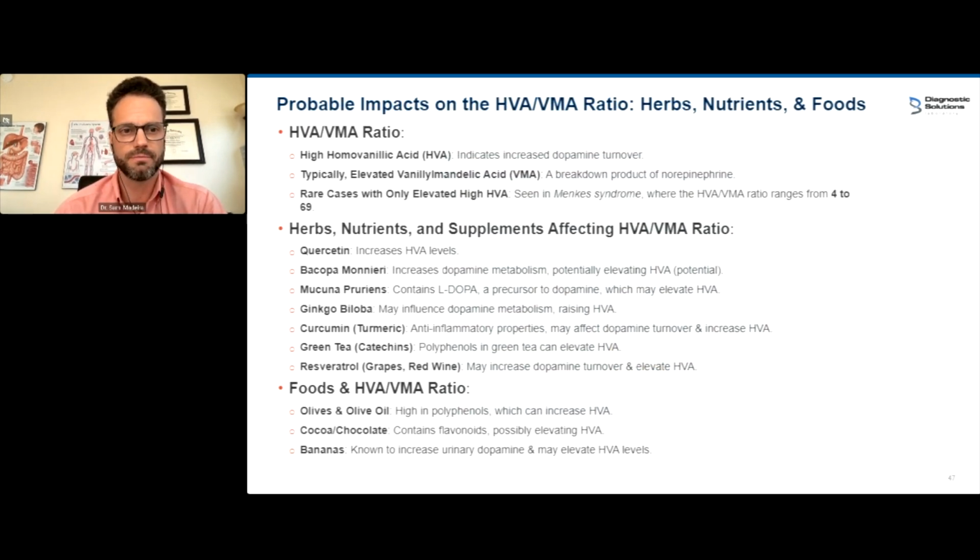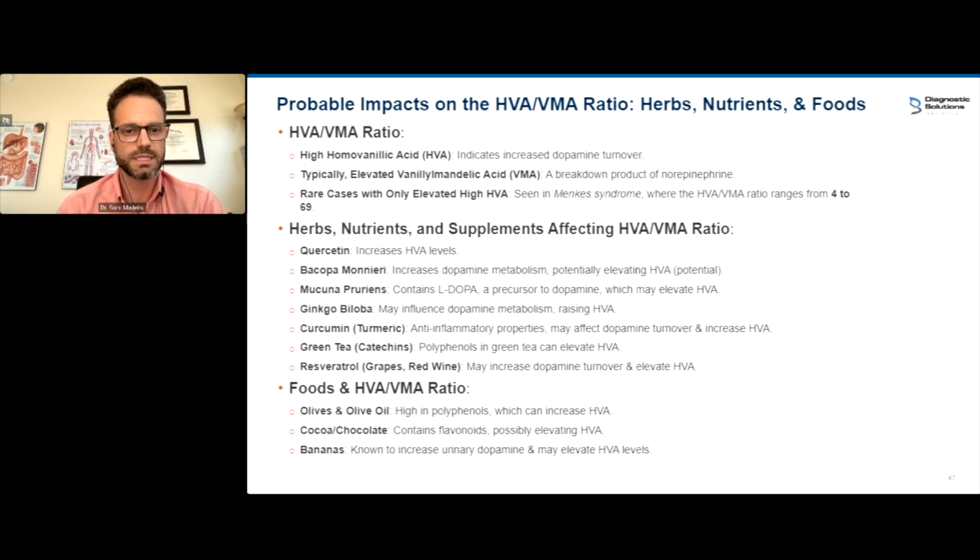And then probable impacts. So basically high VMA is indicating increased dopamine turnover. In rare cases, Menkes syndrome, if you have an HVA to VMA ratio in that range of 4 to 69. So if you see those conditions, it's super rare, but I don't.